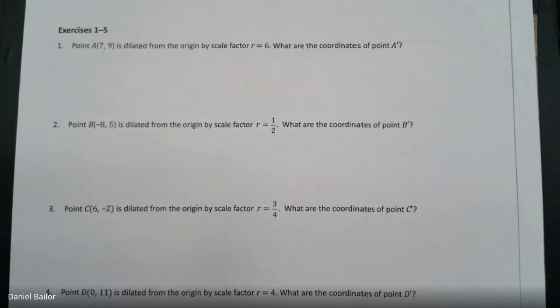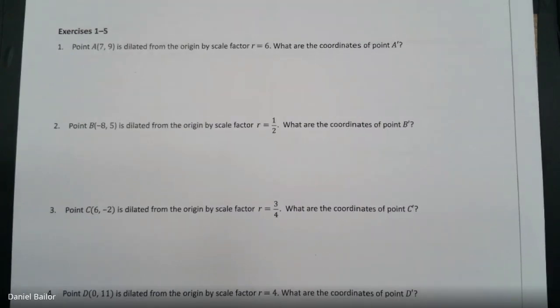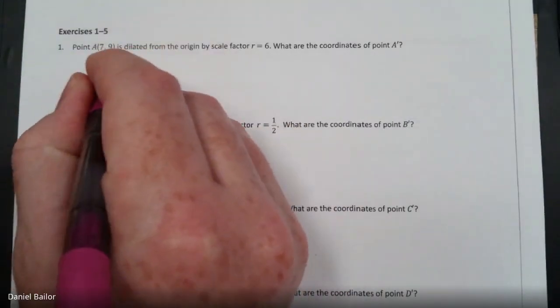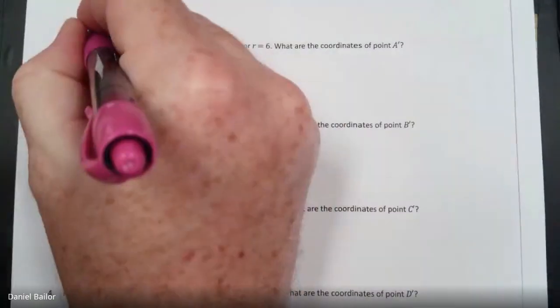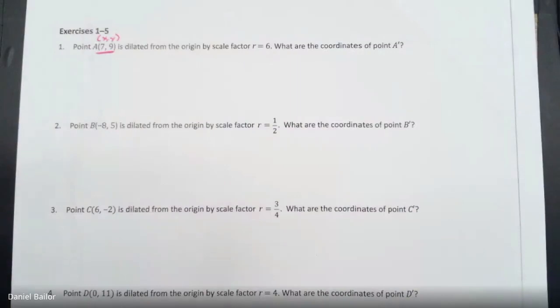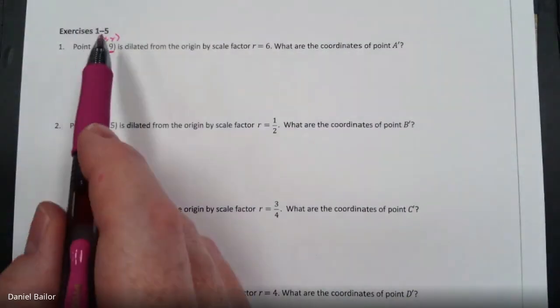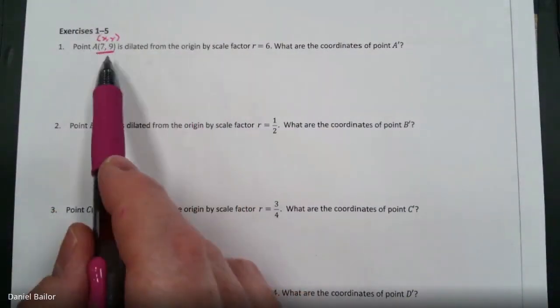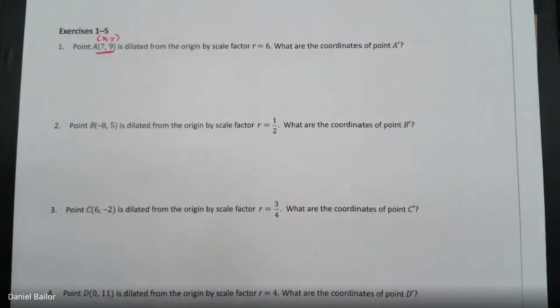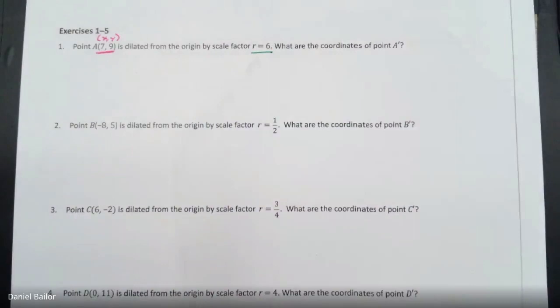Let's look at page 59, exercise 1. We need to dilate a point. It says point A, coordinates are 7, 9, and remember coordinates go X, Y, because X comes first in the alphabet. Point A is dilated from the origin by a scale factor R equals 6.